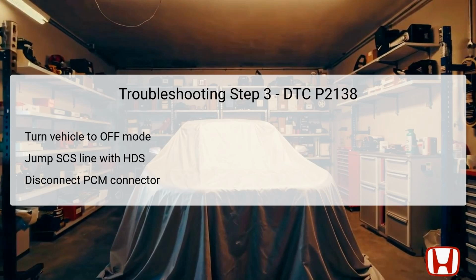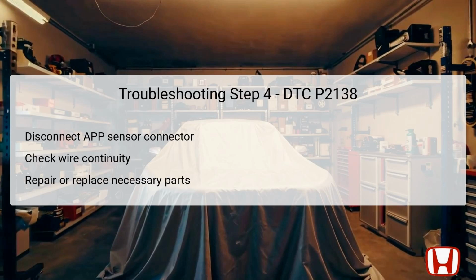This continuity test will help confirm whether there is an internal issue with the PCM or related circuitry that requires attention. If continuity is present, it indicates that the internal functions of the PCM are intact, and you may proceed with further diagnosis. If not, checking for authorized service information and possibly substituting a known good PCM may be necessary.